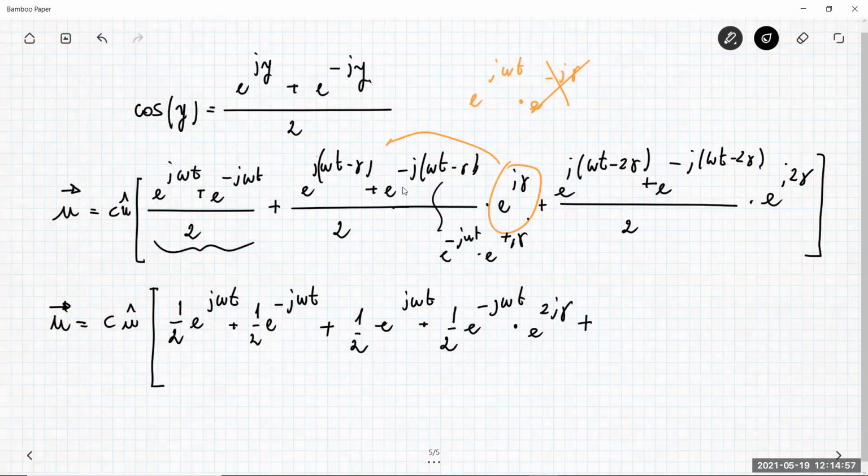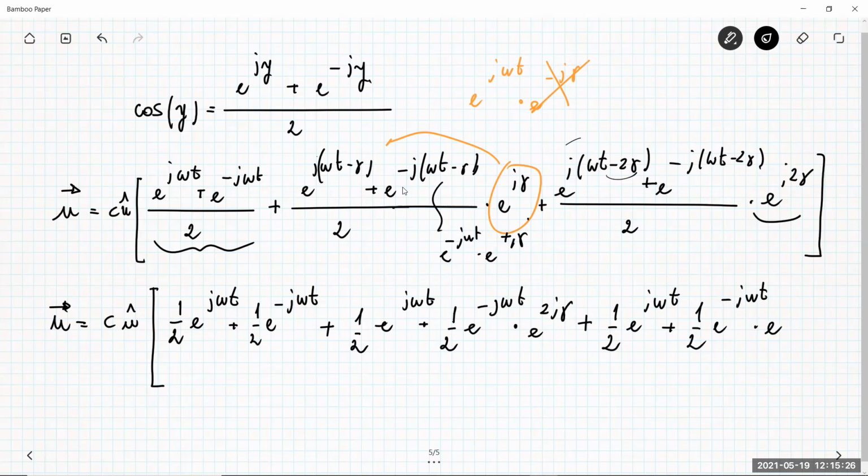The third part is computed in the same way. In the first case, you have this exponential that multiplied the first exponential, then this part disappeared, so the multiplication gives 1. So you have one half e^j omega t plus one half e^negative j omega t multiplied by e^j4 gamma.